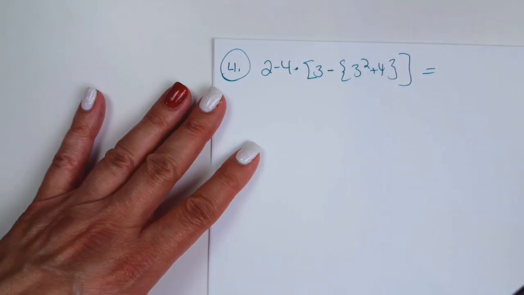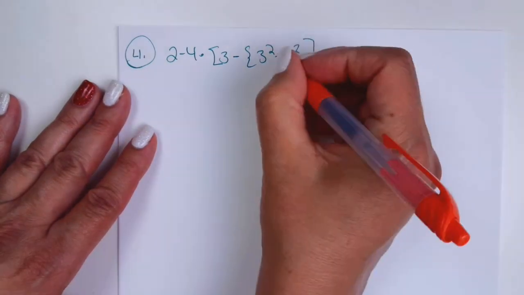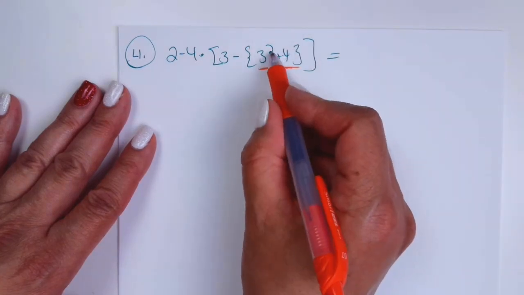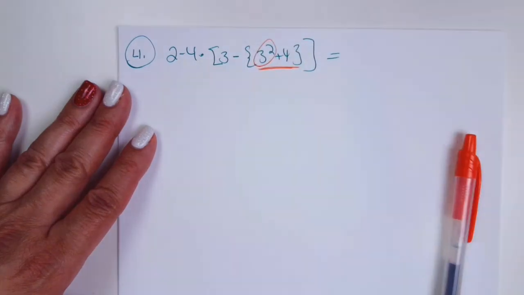Again, we're doing the innermost grouping symbols, whichever ones those are. And in this case, it looks like it's the braces here. And inside the braces, we have an exponent, and then we have an addition. So, of course, we're doing the exponent first.